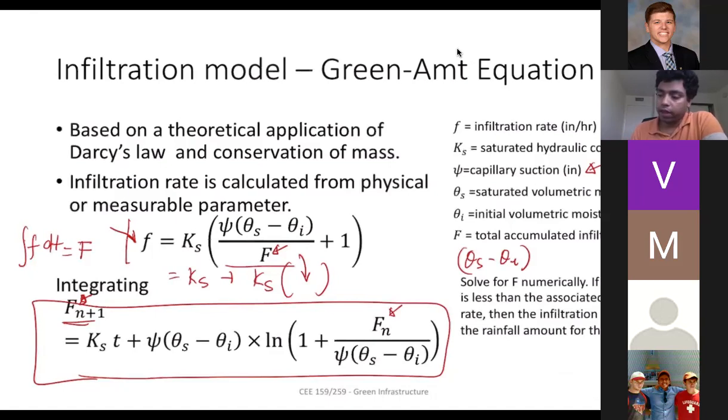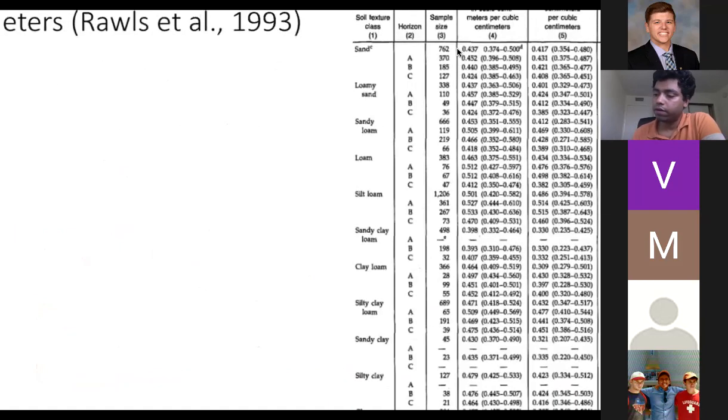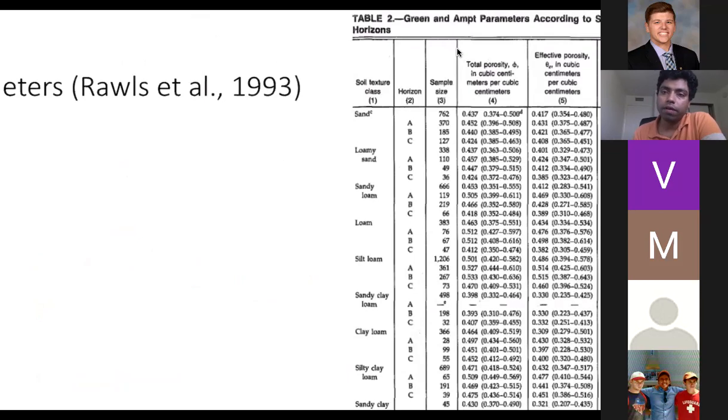Again, for this you need to know the suction coefficient and saturation, all these factors. And those constants are already given for you in this table. For different soil types, you have porosity, which is related to complete saturation, theta s, because that's the amount of water that you can fill in.